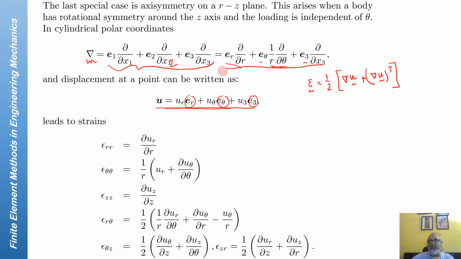They are not constant vectors like in the Cartesian system. So we have to take derivatives of them when we do these gradient operations. You must have learned these things in your elasticity courses, so I'm not doing these derivations.